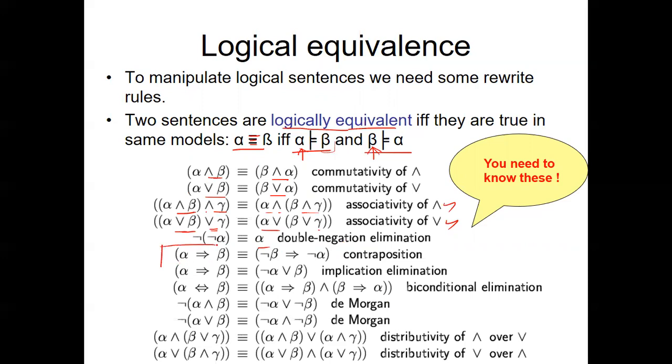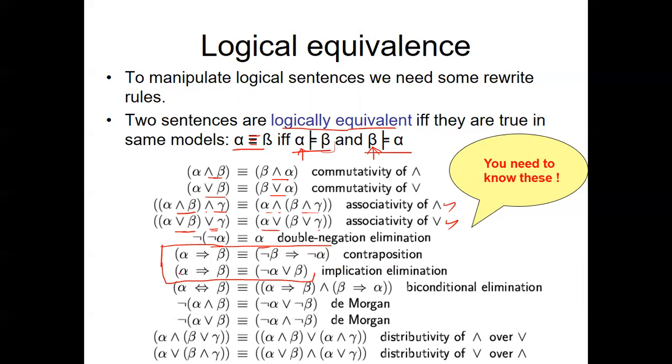This you should remember. Alpha implies beta. These two things you should remember. Alpha implies beta is equivalent to not beta implies not alpha. So when we say alpha implies beta, it also means that not beta implies not alpha. This is called contraposition.